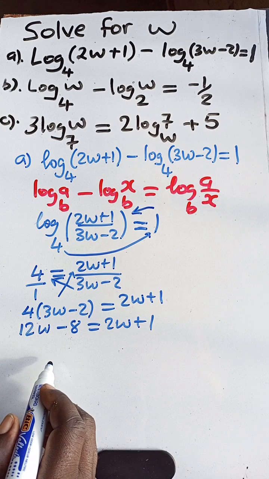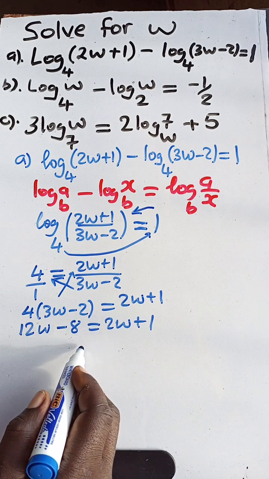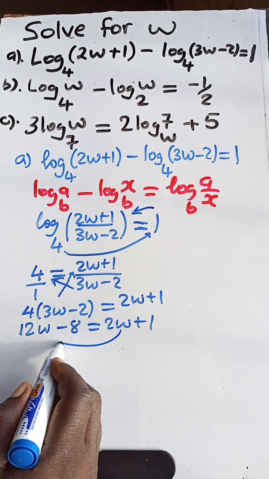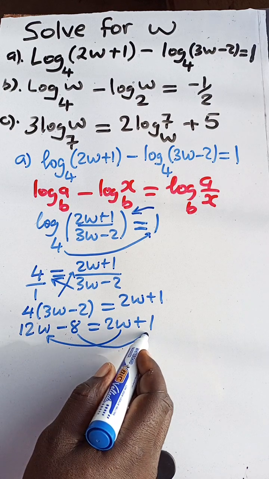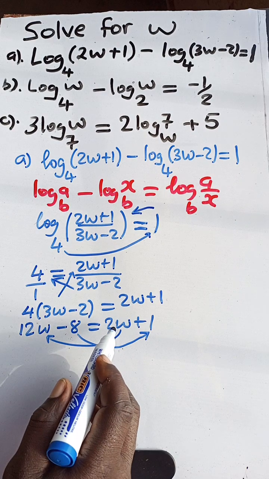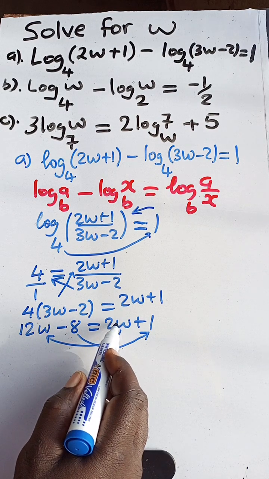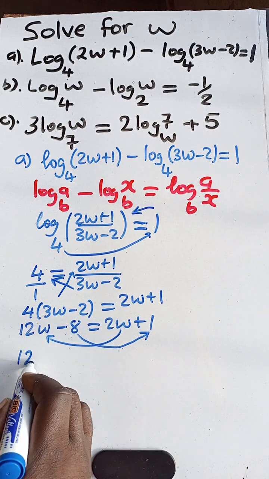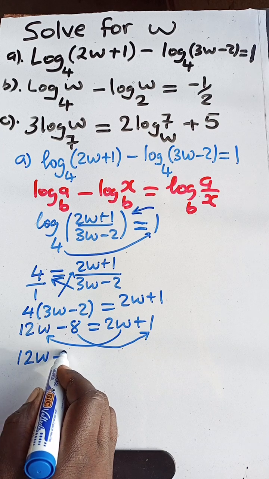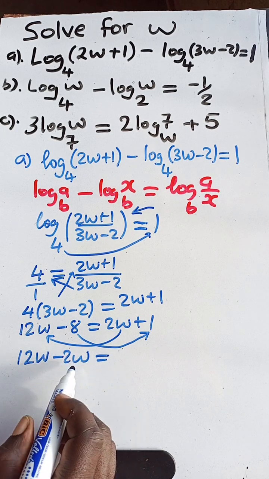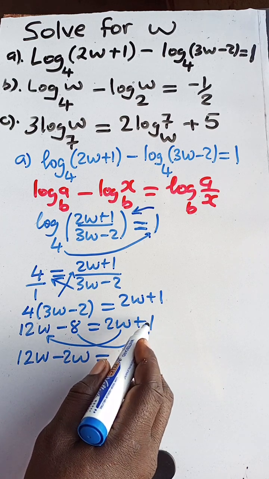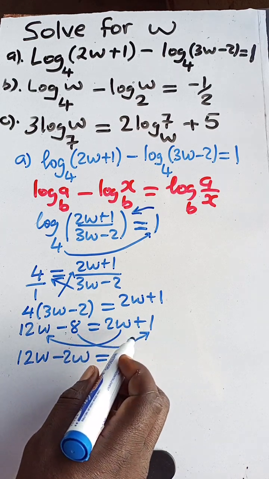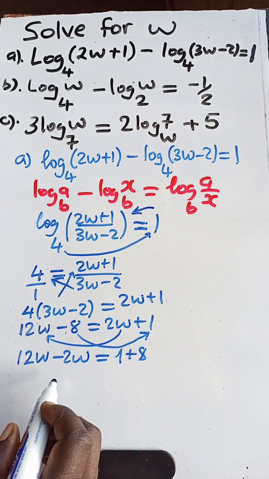So we now bring like terms together. We take this w term to meet this w term, and this constant term to meet that constant term. This is plus 2w; bringing it over will become negative 2w. This is negative 8; taking it to the right hand side, there was already a positive 1 here, negative 8 going to the right hand side becomes positive 8.